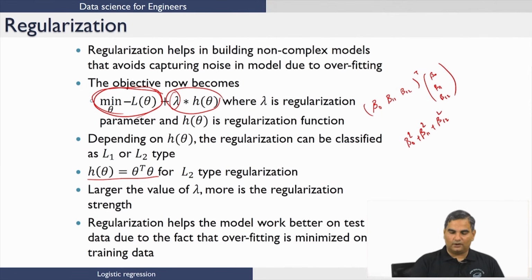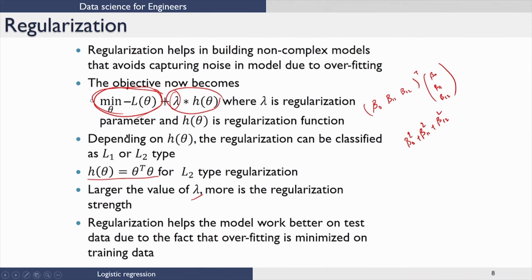This is what is called the L2 type or L2 norm. You can also use something called an L1 type or L1 norm. The larger the value of the coefficient multiplying this, the more is the regularization strength, that is, you are penalizing the use of variables a lot more. And one general rule is that regularization helps the model work better with test data, because you avoid overfitting on the training data. That is in general something that one can keep in mind as one does these kinds of problems.